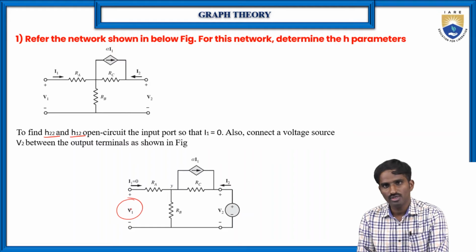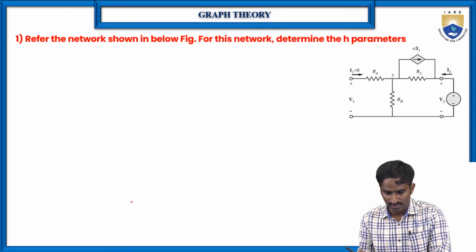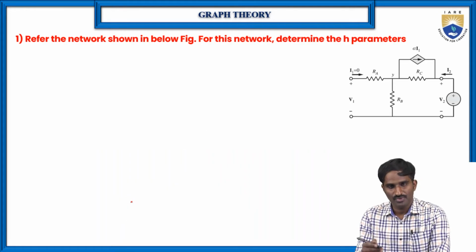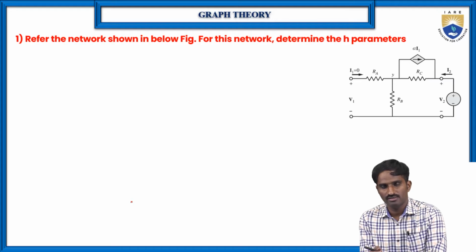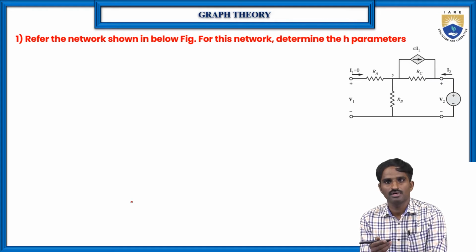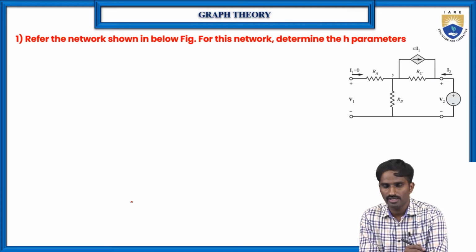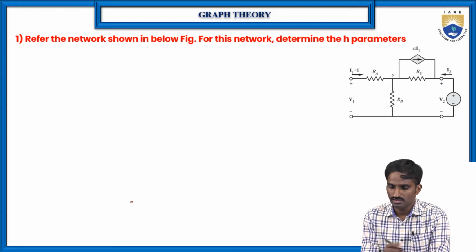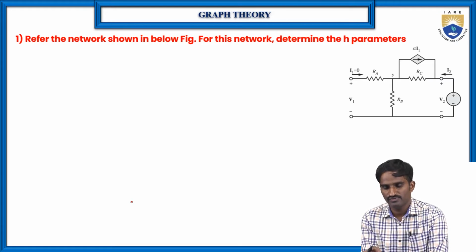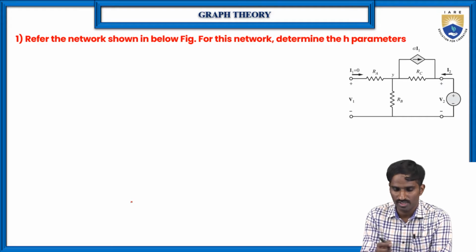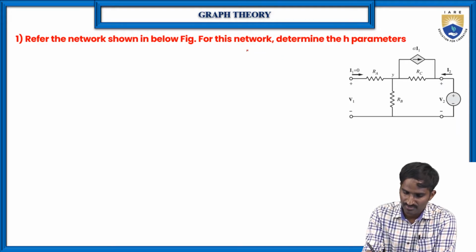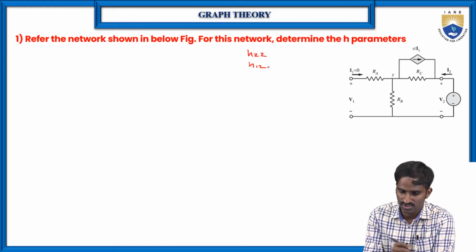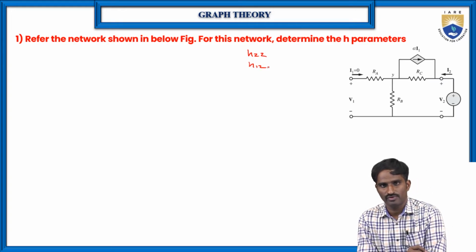First we should know the equation for these H22 and H12, right? This is the circuit which we are going to use to find the other two parameters, H22 and H12. These are the two parameters that we are going to find, right?